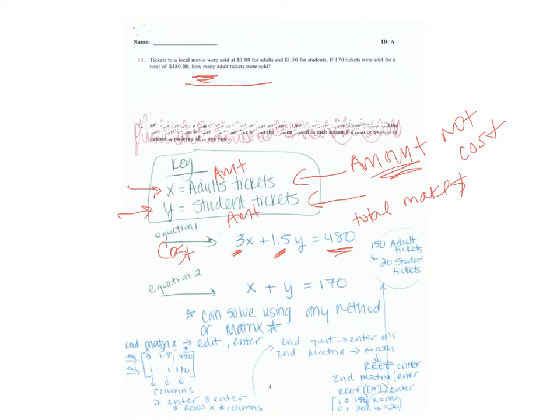So each adult ticket costs $3. Each student ticket costs $1.50, totaling this money amount. It's a cost or money equation. Versus the bottom one is just an amount: the sum of the adult tickets plus the student tickets equals 170 tickets.